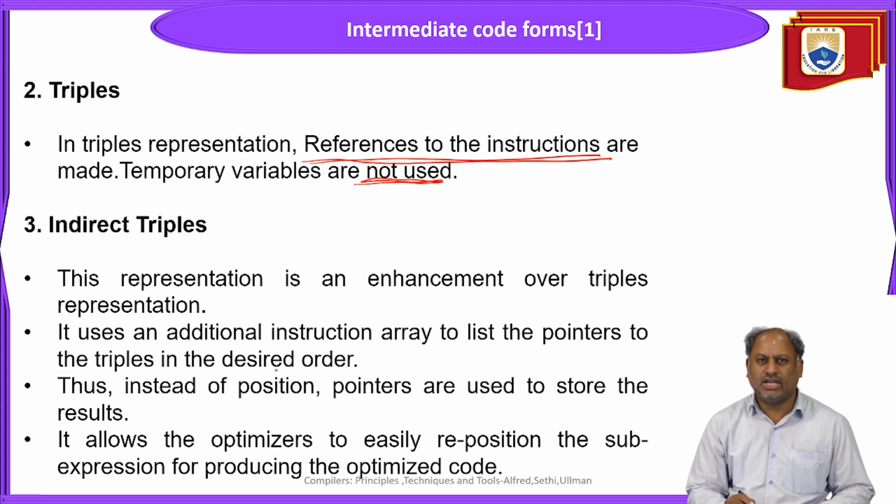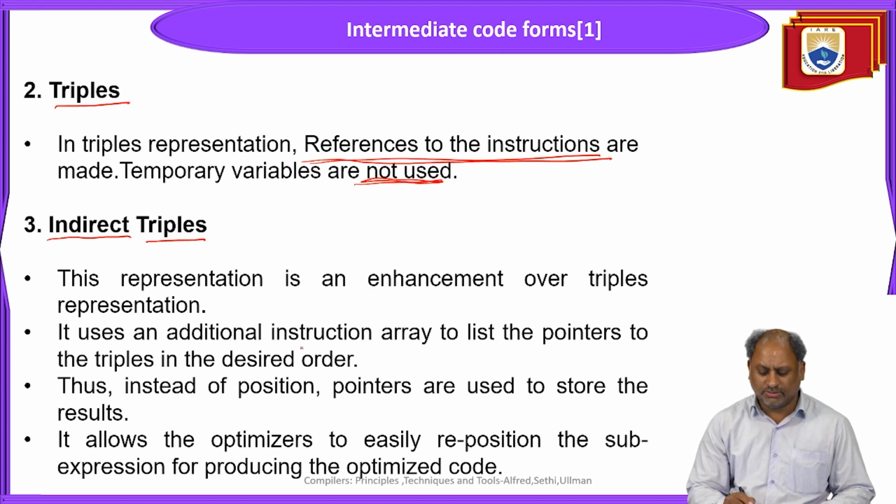And the third one is indirect triple representation. This is the same as triple representation. Compared to the quadruple it is somewhat the same table, but instead of temporaries we are replacing them with a reference to the instruction. Indirect triple is somewhat advanced compared to the triple.